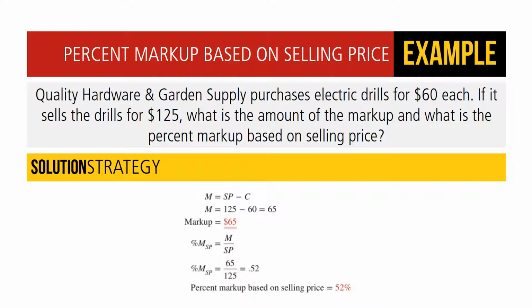So in this case, markup is going to equal $125, which is the selling price, minus $60, which is the overall cost, for a total markup of $65. Then we can determine the percent markup based on selling price by dividing markup over selling price. So that gives us $65, our markup, divided by the selling price of $125 to equal 0.52. So our percent markup based on selling price is 52%.